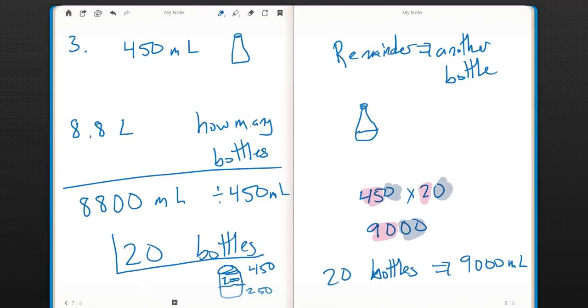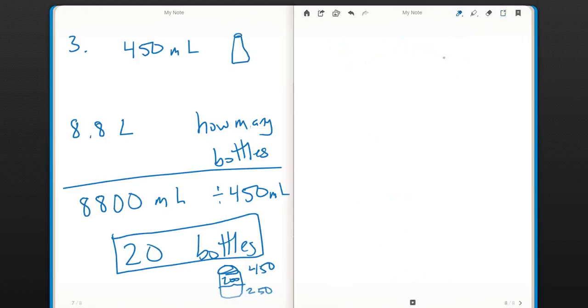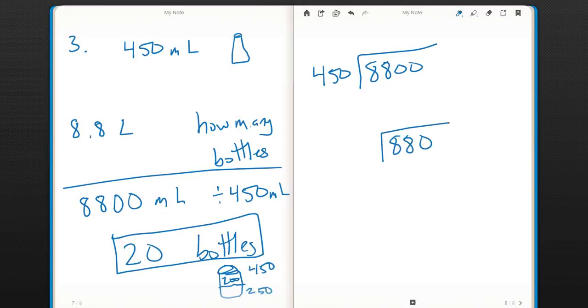Now, when they give you easy numbers, it's okay to do it the easy way. And in this case, because I noticed the 9,000 was so close, I didn't do the harder part of the math. If I did, I could take 8,800 and divide it by 450. I could do that with long division. I could even take that and say, well, that's 880 divided by 45, and I would get 19 with a remainder of 250, or 25 if I did it this way.